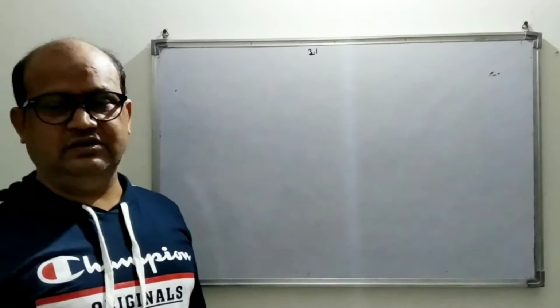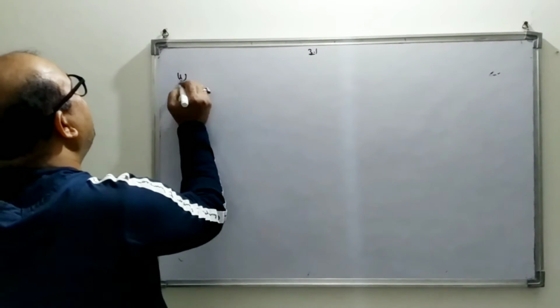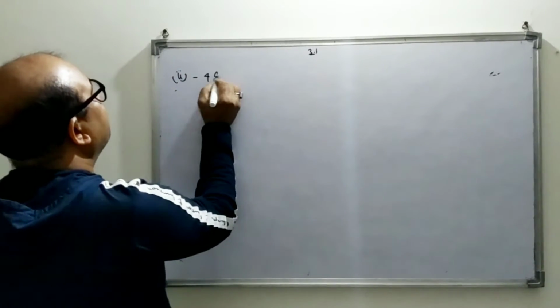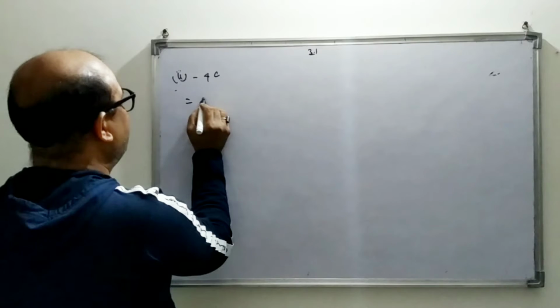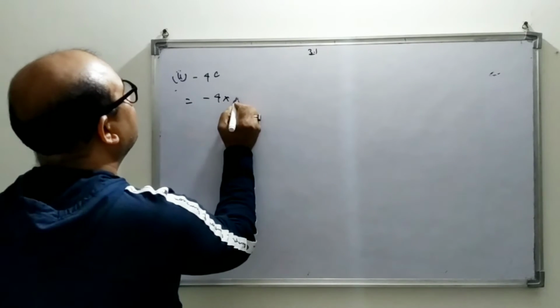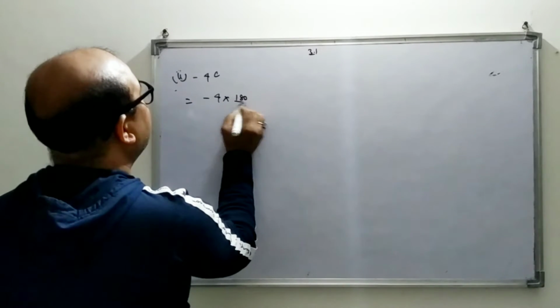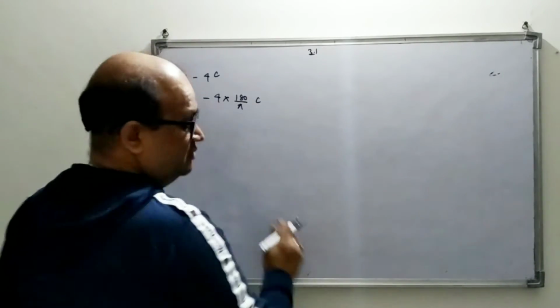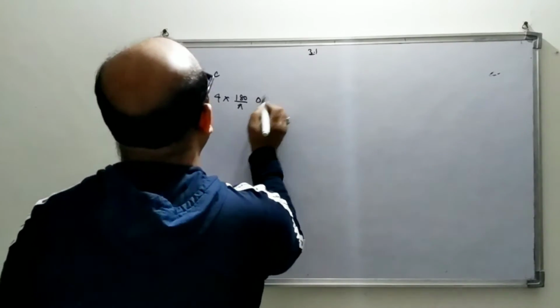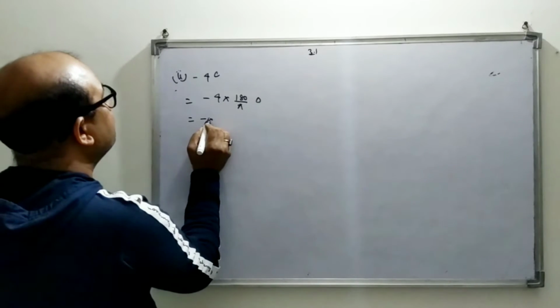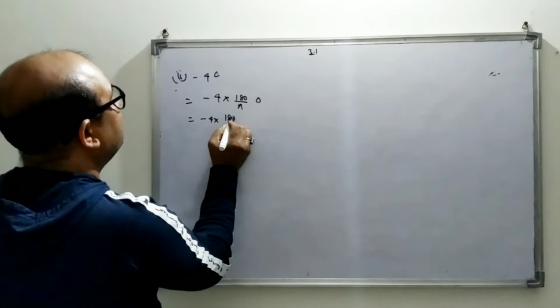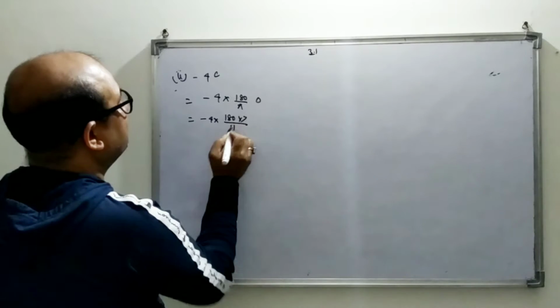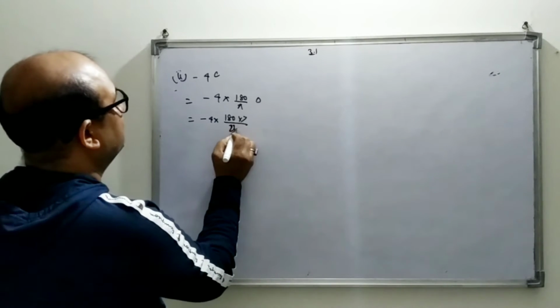Next is minus 4 radian. Now what I do? Minus 4 into 180 by pi degree. That is minus 4 into 180 into 7 upon 22.